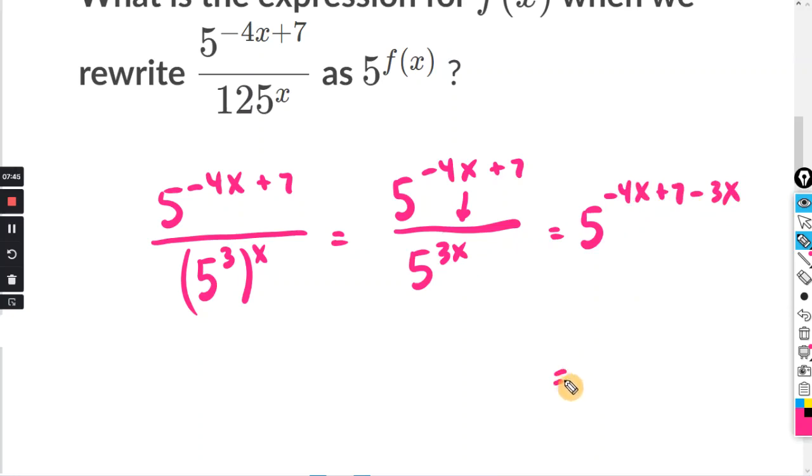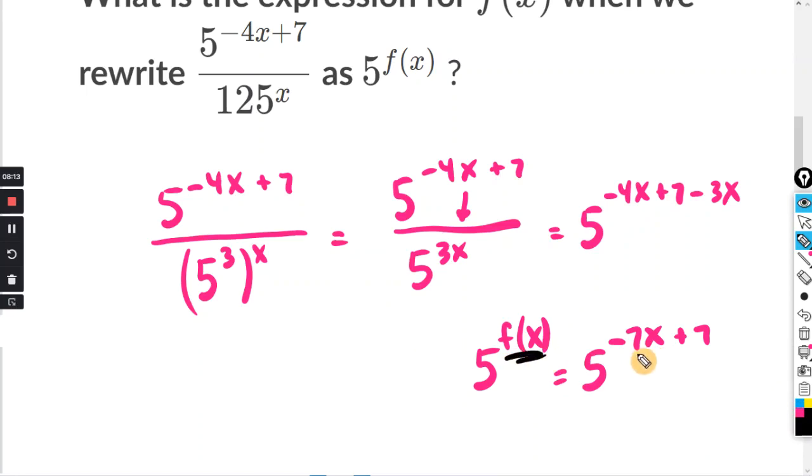Okay, and finally, we keep the 5. Negative 4x minus 3x is negative 7x, and we still have plus 7. Okay, and this would equal 5 to the power of f of x. So this time I set them equal at the end, and they're just asking us what f of x is.